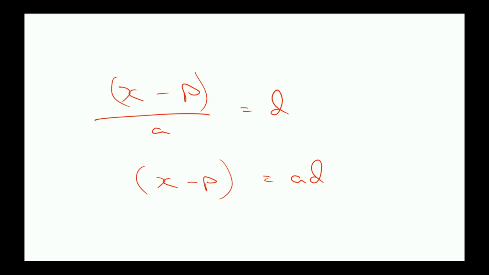And now we don't need the groupings, those brackets there. And now we can just say, oh, well, it's x minus p. Get rid of the p. Make it a plus p on the other side, and that leaves us with x. So x equals ad plus p.